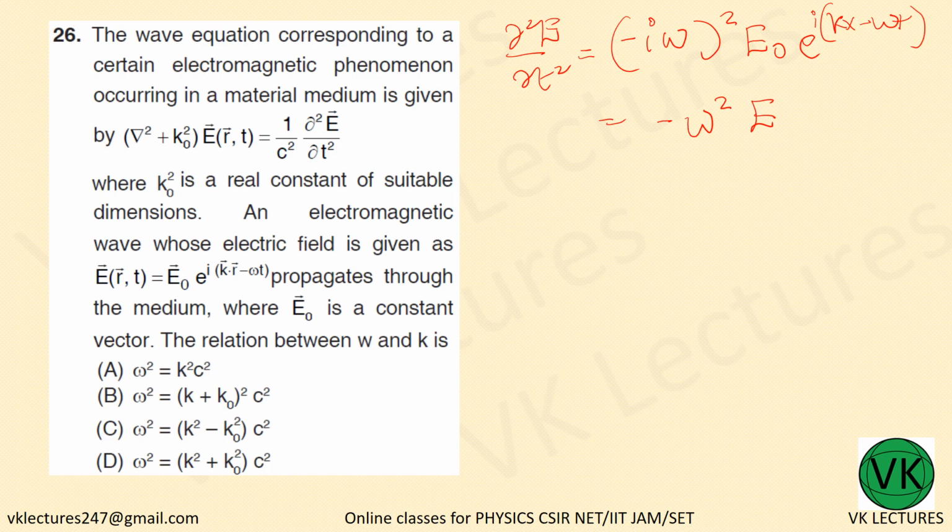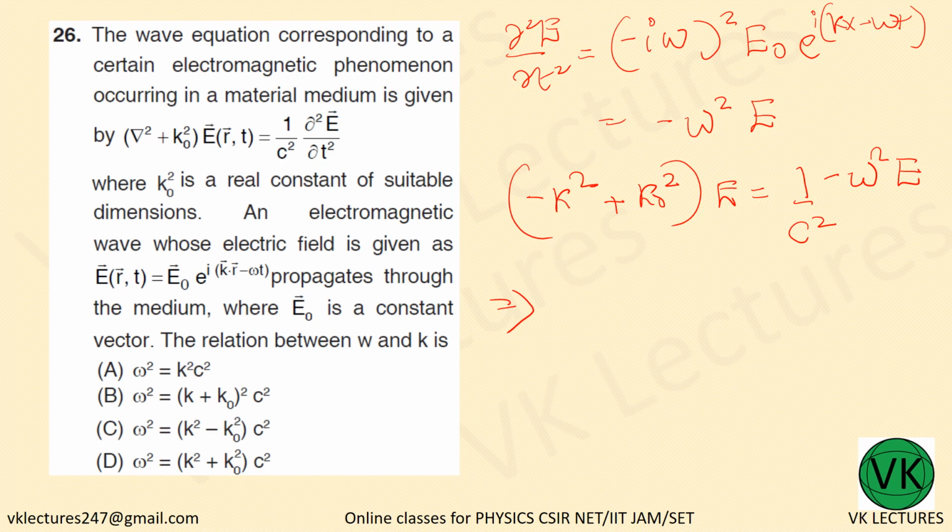So just substitute the values. Del square plus k naught square acting on E gives minus k square plus k naught square into E, equal to 1 by c square into minus omega square into E. Now take the minus sign outside: minus of k square minus k naught square into E equal to 1 by c square minus omega square E. So minus minus gets cancelled.